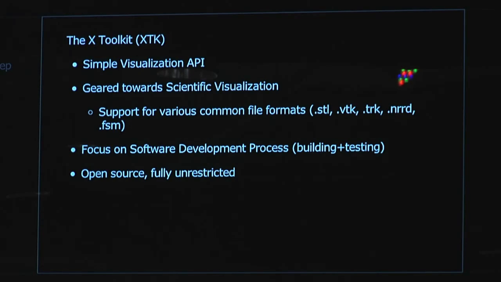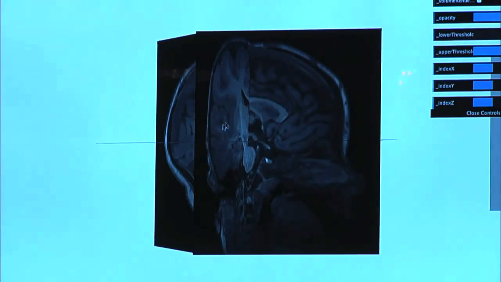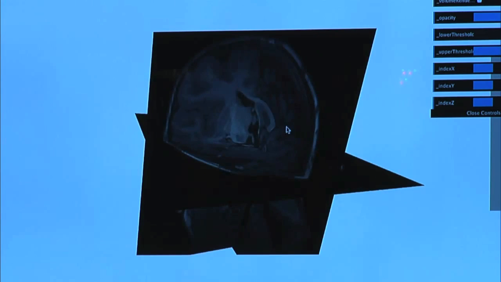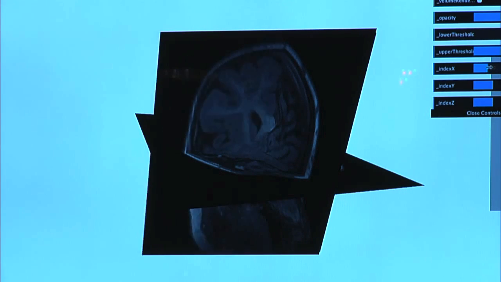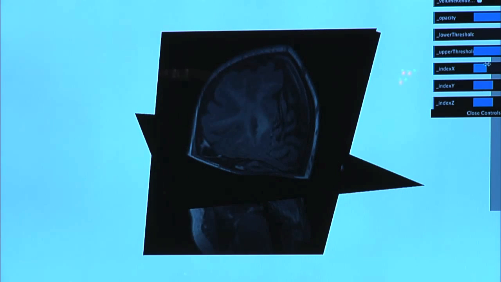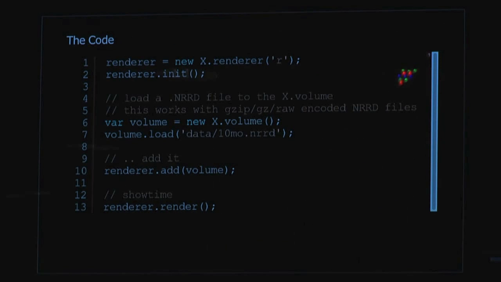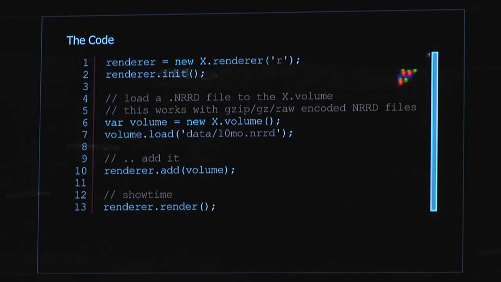So let's look at the slices of the 10 months old again, which I showed before. To do stuff like that with the volume rendering, the thresholding, and the slicing, where you move through the volume, you can do it with little code using the X toolkit. It's like 7 lines of code actually. So it works like that.